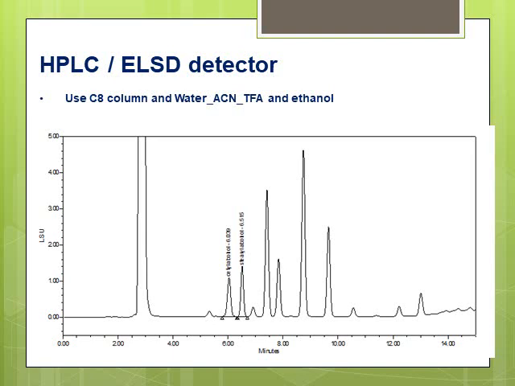The column is a C8 column, and the mobile phase is a combination of water, acetonitrile, TFA, and ethanol. I would say HPLC-ELSD method development is more challenging than GC, and if I want to make a recommendation, I would say GC for sure. And if for some particular reason you choose to do HPLC-ELSD, yes, you have that choice as well.